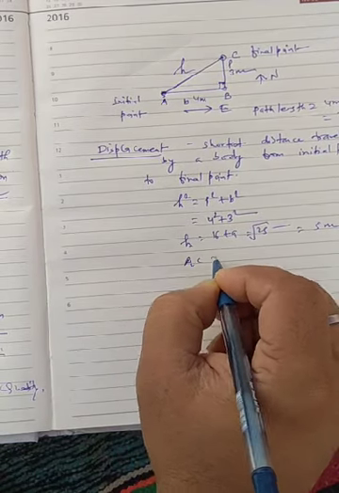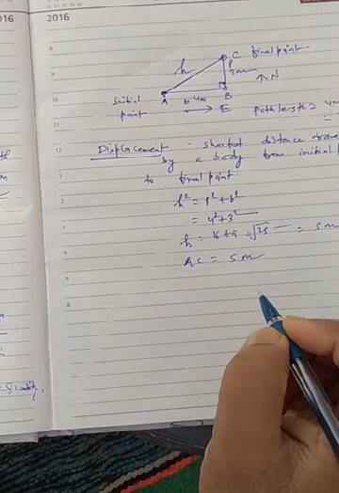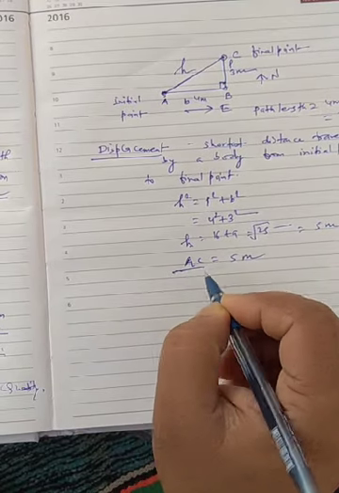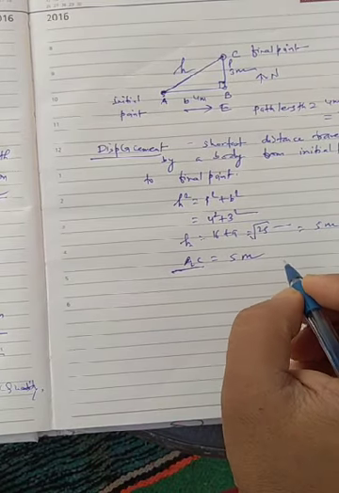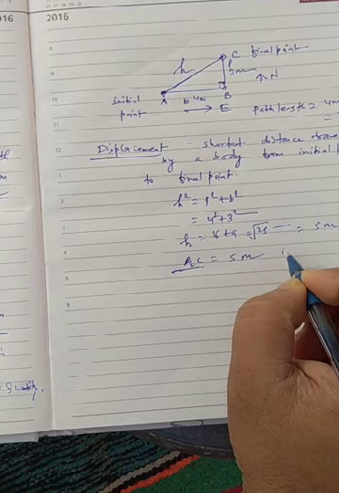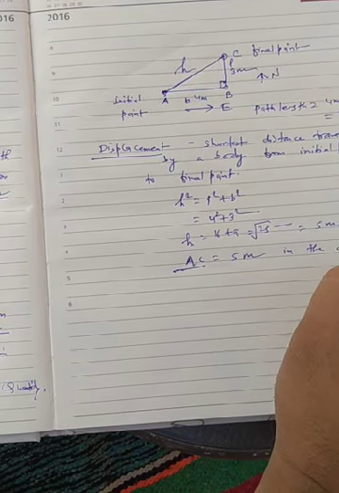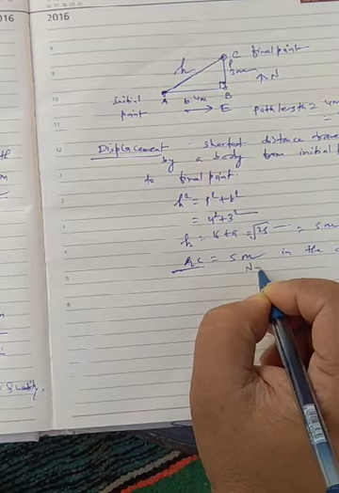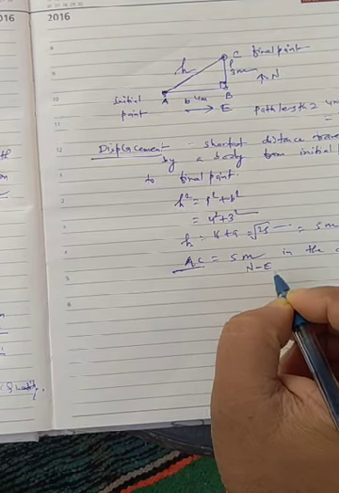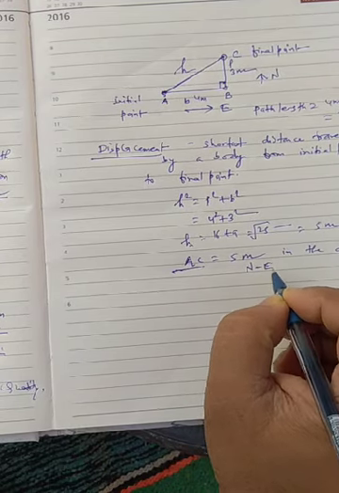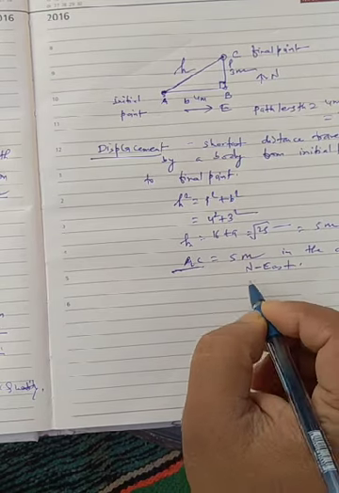Hypotenuse is AC. So AC is 5 meter. So AC is the displacement, okay, in the direction of north east.